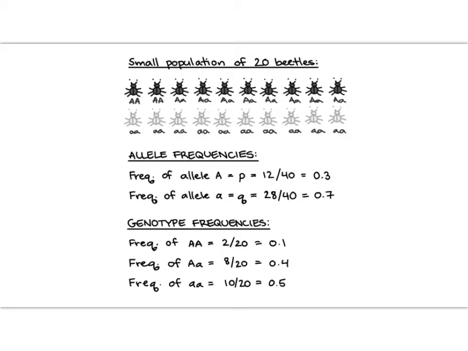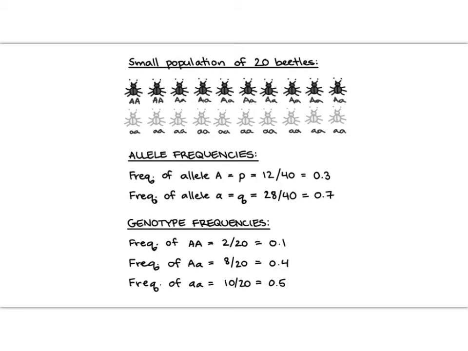Here we've got an illustration showing a population, homozygous dominants, heterozygotes, and homozygous recessives, and what allele frequency means. We've got a population that contains half dark and half light. The dark is caused by the dominant allele, big A, and you can see this is made up of homozygous dominants and heterozygotes.